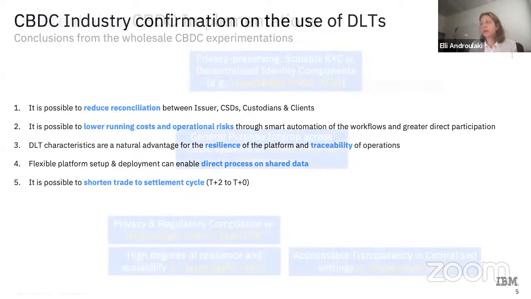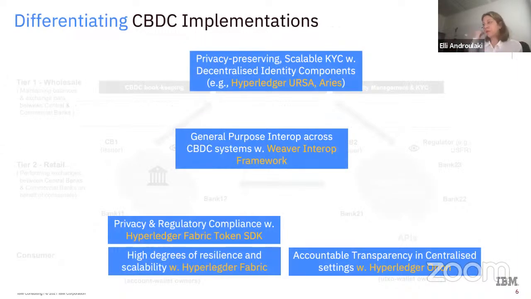So that's in short, and this is an overview of Hyperledger technologies that can be brought together in order to meet the set of requirements that were mentioned before. Of course, I mentioned identity management, and there we have strong representatives in Hyperledger Ursa, Iroha, and Indy projects. We have interoperability frameworks.